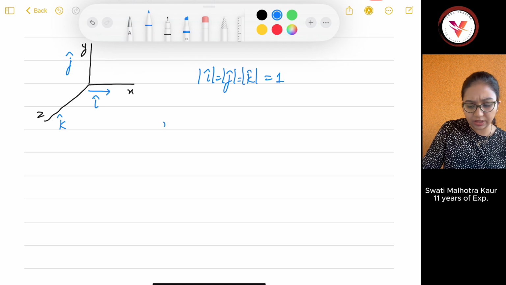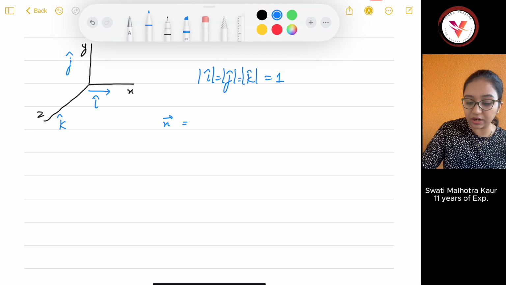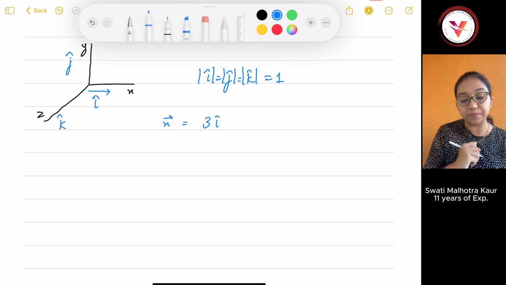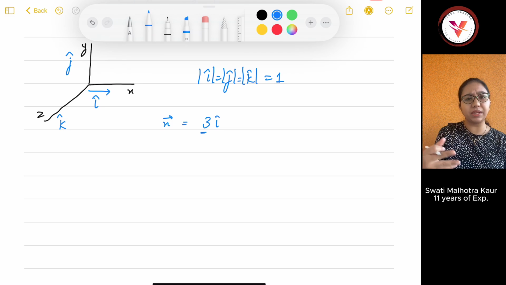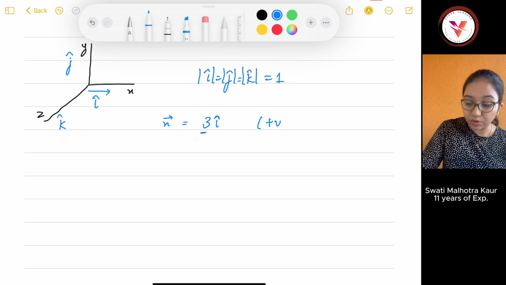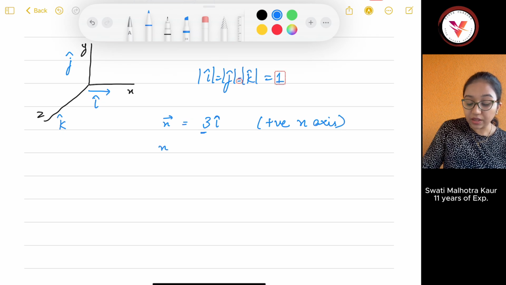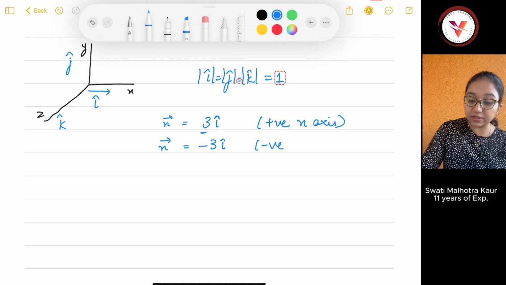Now you can learn this. Let's suppose an object has a position vector of 3 i cap. Then you will say that it is at a distance of 3 units, 3 meter, 3 centimeter, whatever scale you have chosen, along positive x-axis. Now, if this is minus 3 i cap, then it is along negative x-axis.